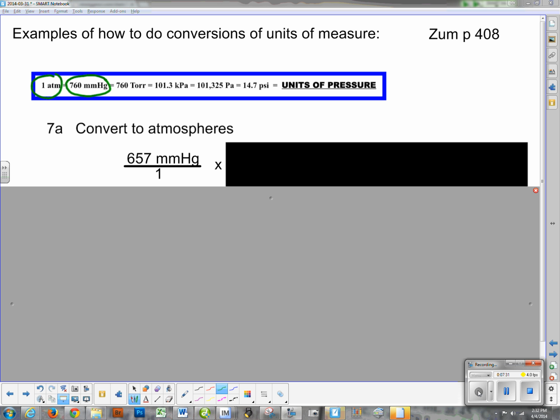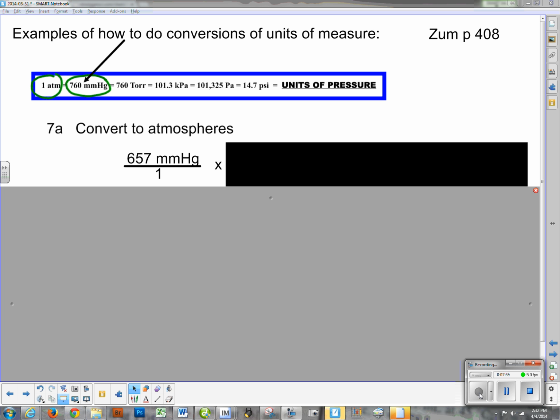Whatever your given and find are, those are going to give you a conversion factor because they're equal. Right now we're dealing with these 2 units of measure, but it could be millimeters of mercury to psi. And that means that 14.7 psi is equal to 760 millimeters of mercury.